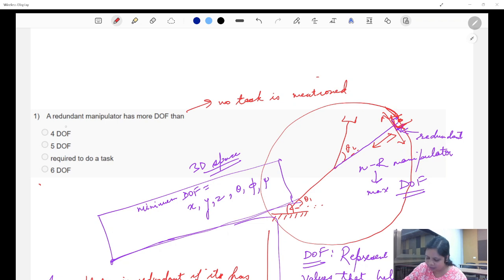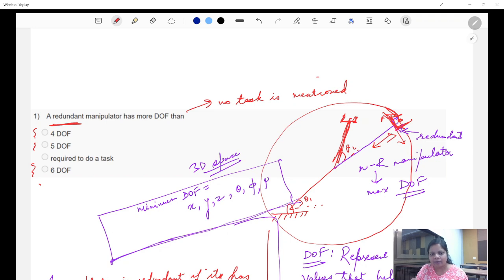A redundant manipulator, for this 2R, is a problem even when you have more degrees of freedom than 2 if the end effector is lying here. So this is not the correct option.